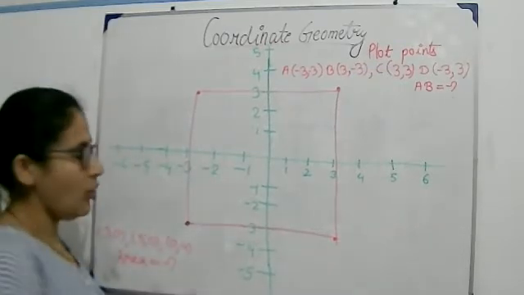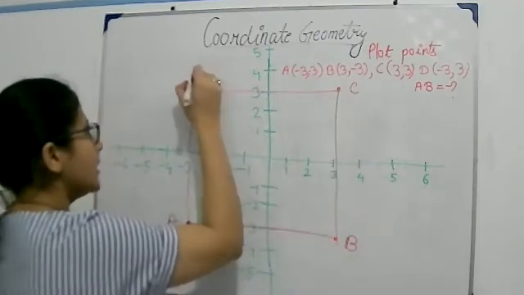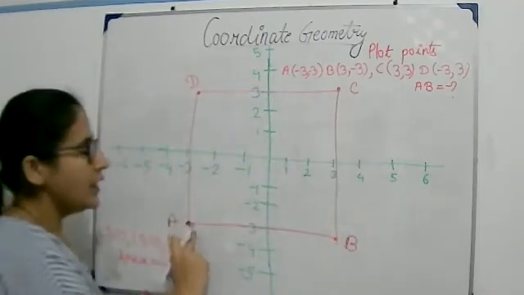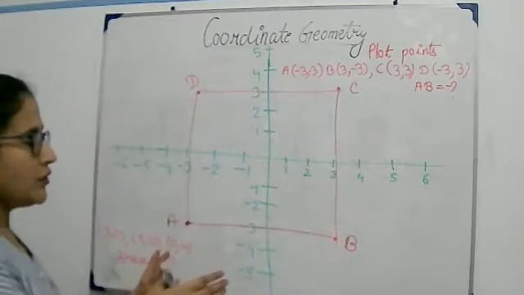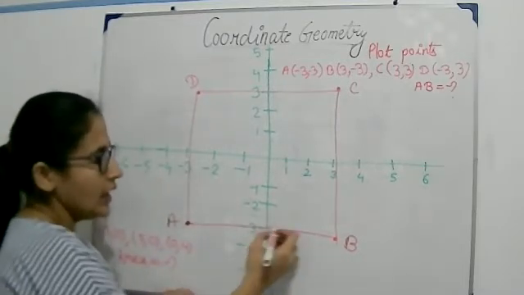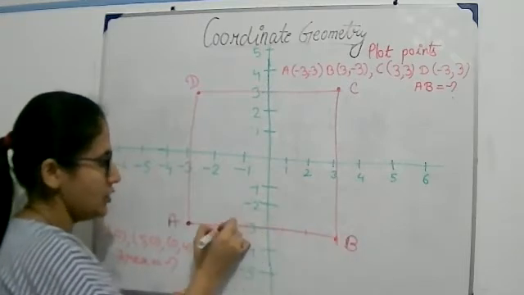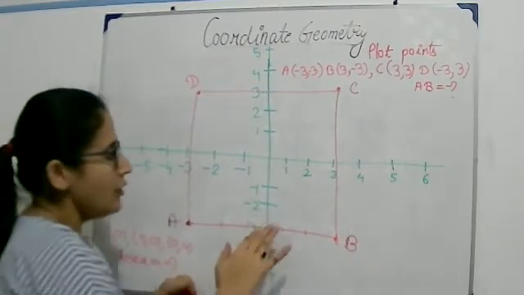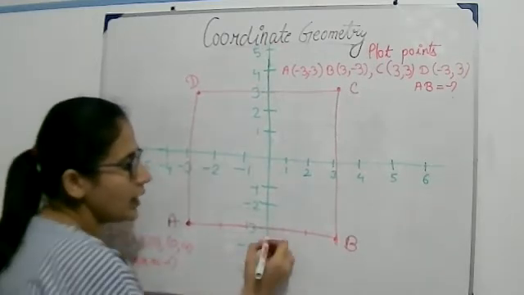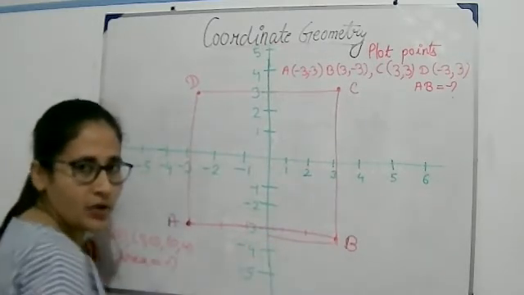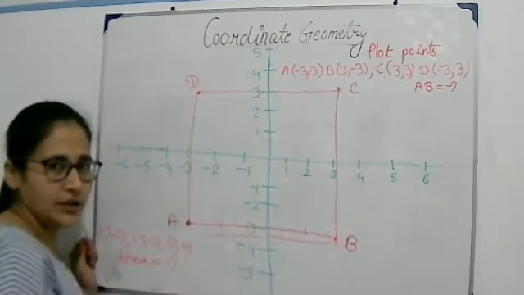And find the length of AB. This was A, B, C, and D. Find the length of line segment AB. By visualization only we can say 1, 2, 3, 1, 2, 3. So from the origin we can say it is moving 3 units forward and 3 units backward.